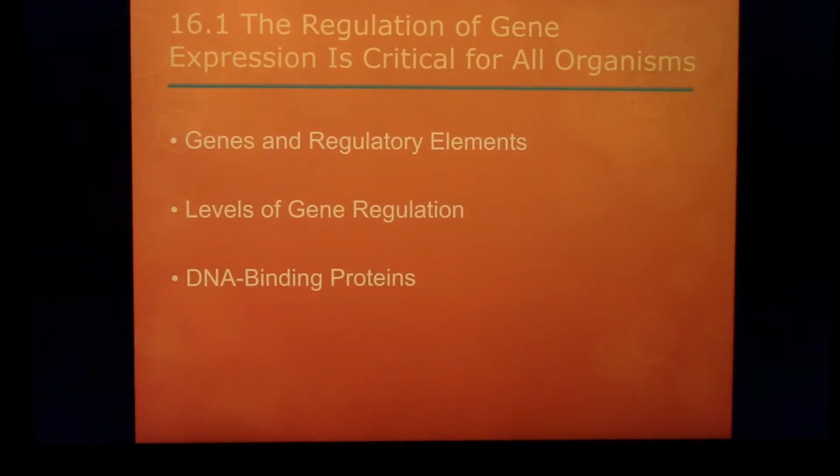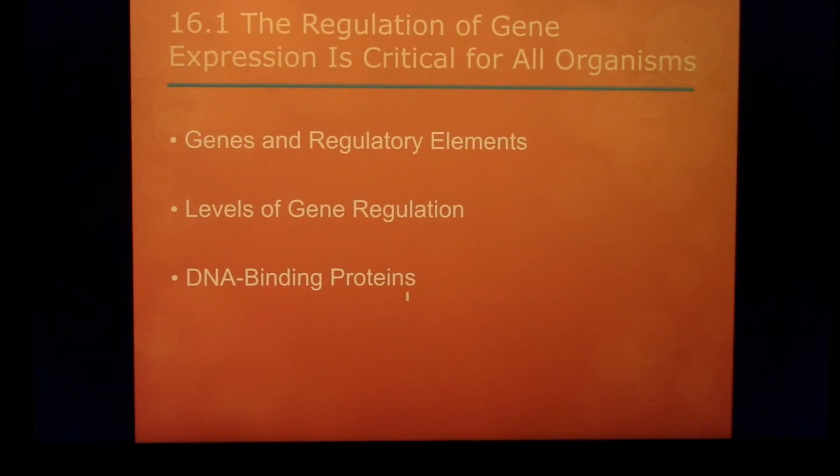So this chapter focuses on how the bacteria regulate these genes, these big, long what we call operons or regulons, like the COM regulon. So how are they regulated? The regulation of gene expression is critical for all organisms. And so we're going to talk about genes and regulatory elements, the levels of gene regulation out there, not just in bacteria, but in all organisms, and DNA binding proteins and their role in regulating gene expression.